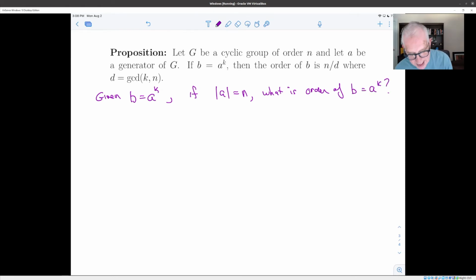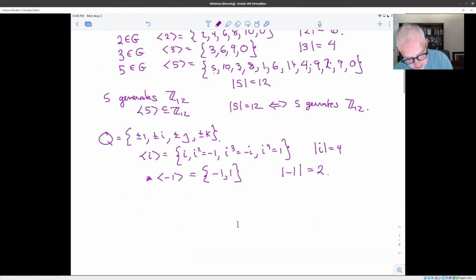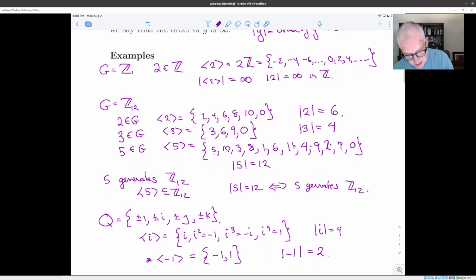Even if you go way back to our example of Z12, remember that in Z12, the order of 1 is 12. The order of 2, however, is 6. The order of 3 is 4.